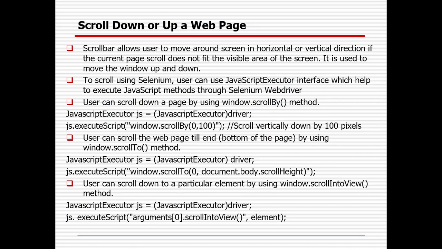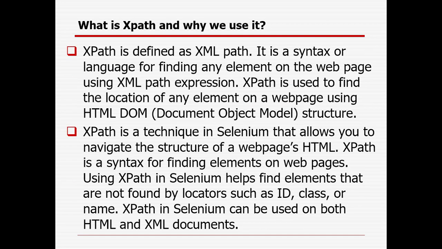Then I will go to the last two modules, which are very crucial, especially for Selenium. One is XPath, which is nothing but the XML path, and one is the CSS selector. You already saw in the first session there are 8 different element locator techniques available, starting with ID, name, tag name, class name, link text, partial link text, CSS and XPath.